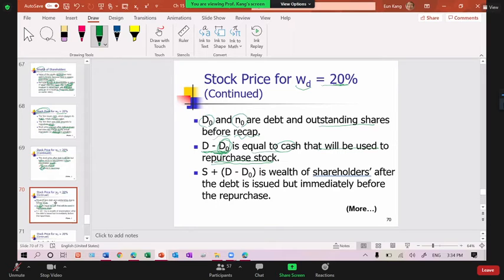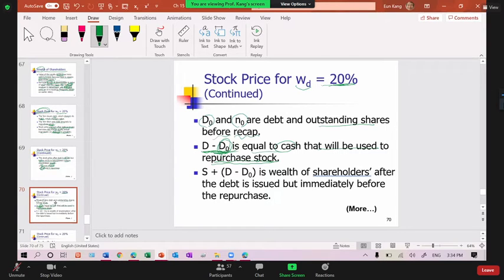But in this case, we are starting from an all equity company where D0 is 0. So this distinction is not really necessary now, but we need it when we solve more difficult ones, recapitalizing from 20% or 10%, in other words, not from 0. Right now it may be a little hard to understand, but you will see what's going on later.